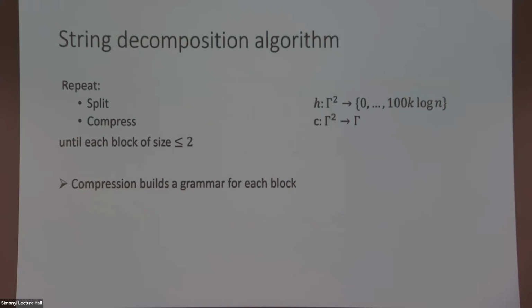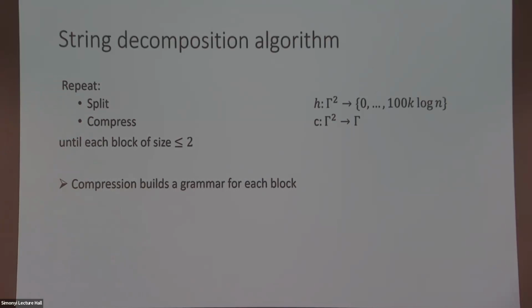So the whole decomposition procedure is that you always try to split with the same parameter k, and whatever is split, the blocks you are left with, you compress and try to split again. You basically repeat this. At each stage, things either get smaller because you are compressing, or you are breaking them apart.